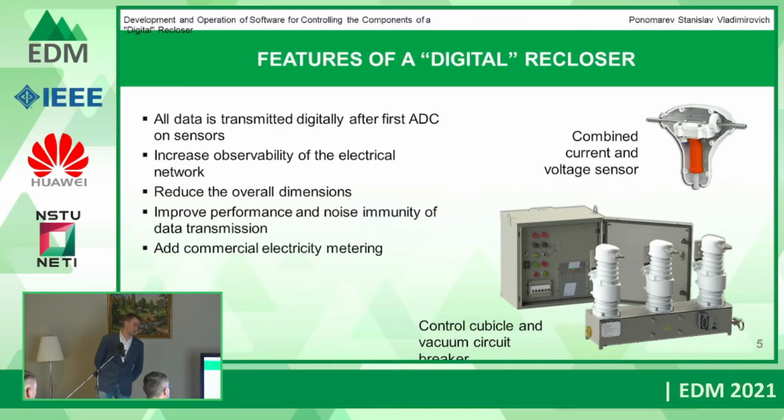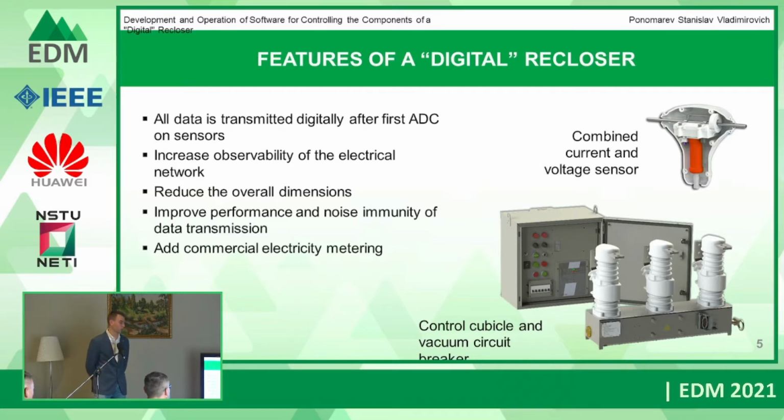So there are many benefits of this approach because it increases observability of the electrical network, because we know a lot of parameters of the components of the recloser. We reduce the overall dimensions of the device because we use digital components, with no big analog elements inside this cubicle.